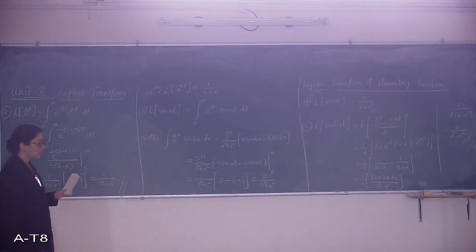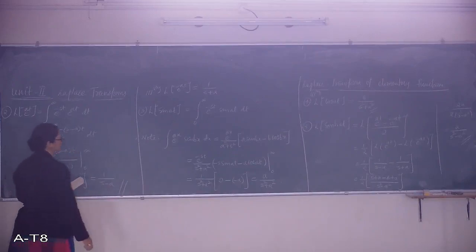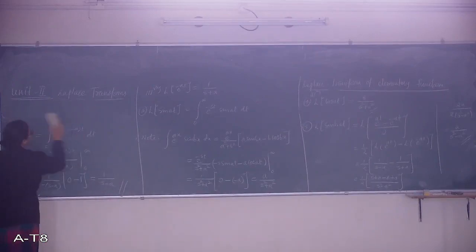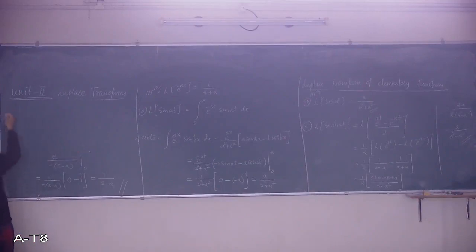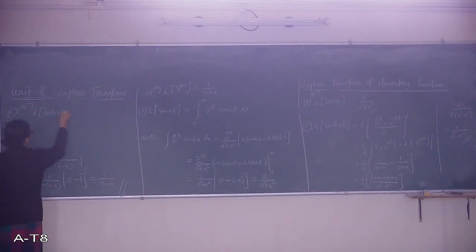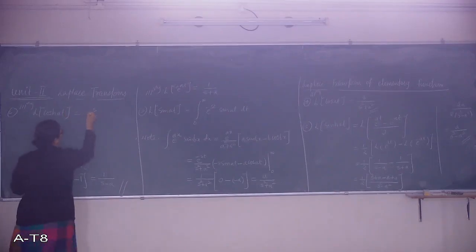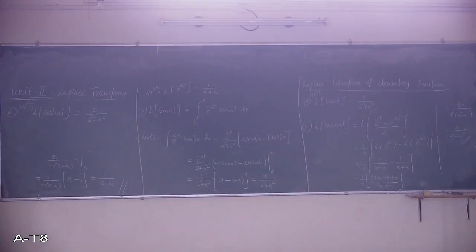It is s upon s square minus a square. Okay, so I write here similarly, we have Laplace transform of cos hyperbolic at as s upon s square minus a square, provided s is greater than a. Okay.